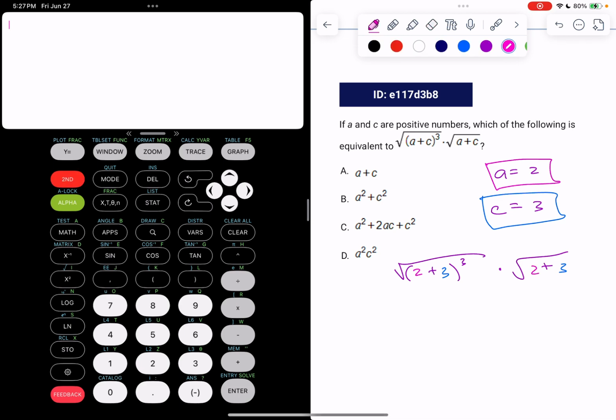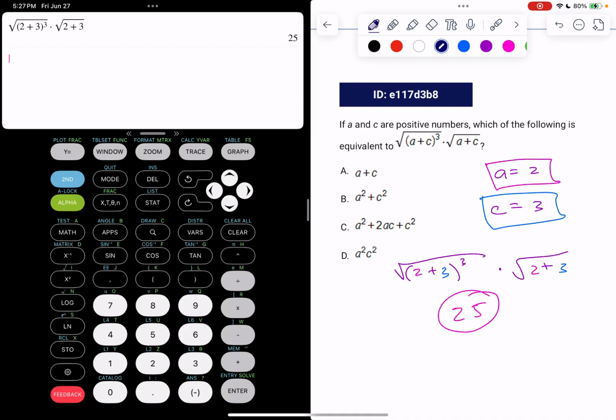The square root of quantity 2 plus 3 raised to the 3rd power times the square root of 2 plus 3. All right, 25. Looks like I get 25.